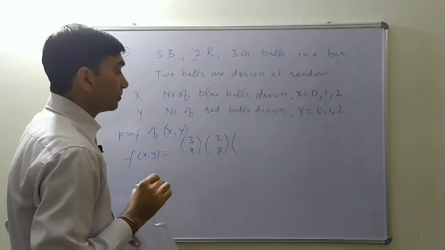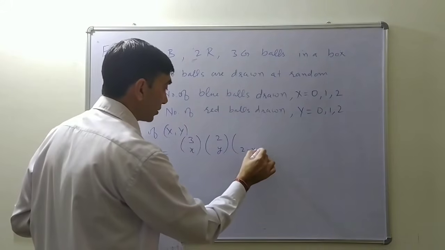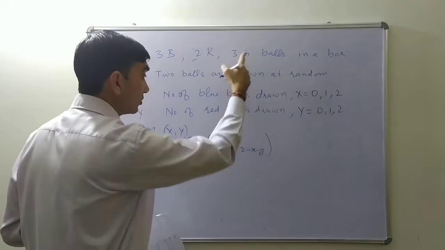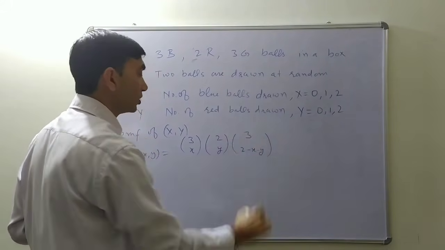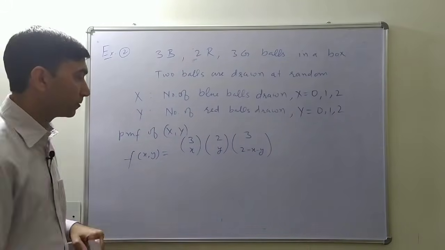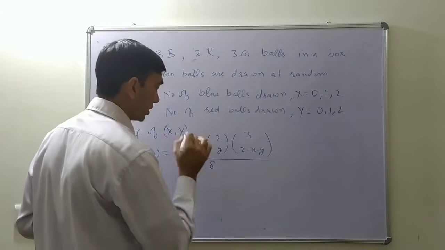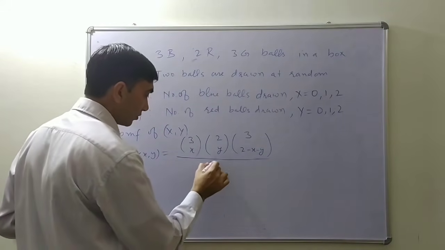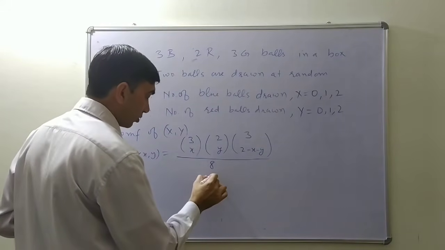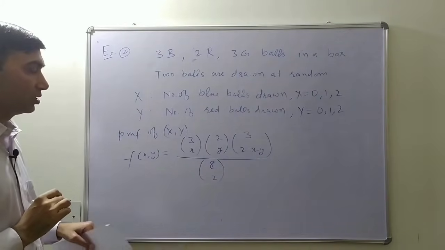Remaining balls, meaning 2 minus x minus y, are coming from these 3 green balls. So this can happen in 3C(2 minus x minus y) ways. And how can you draw 2 balls from 8 balls? In how many ways can you draw 2 balls from 8 balls? 8C2 ways.